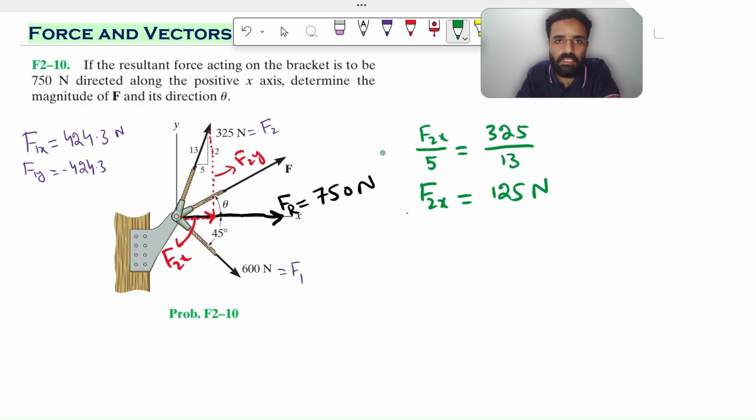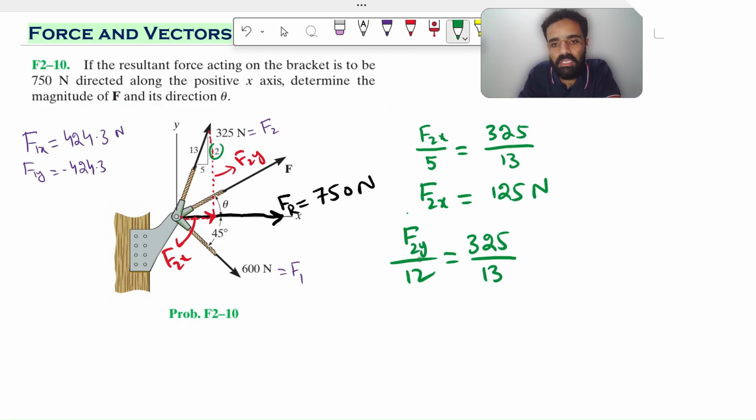Now I will be finding the vertical component of this F2 force. For this, I will also apply the similar triangle technique. I'll be considering the perpendicular of the large triangle, which is F2y, divided by the perpendicular of the small triangle, which is 12, equal to the hypotenuse of the large triangle, which is 325, divided by the hypotenuse of the small triangle, which is 13.